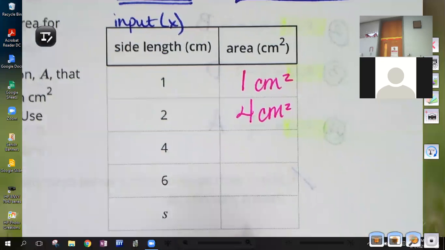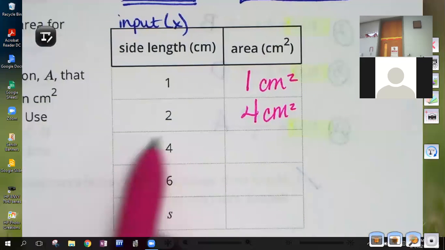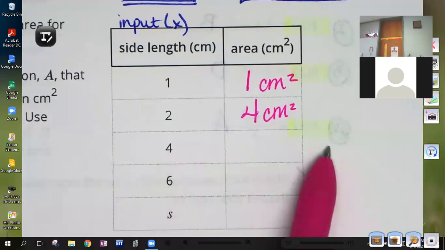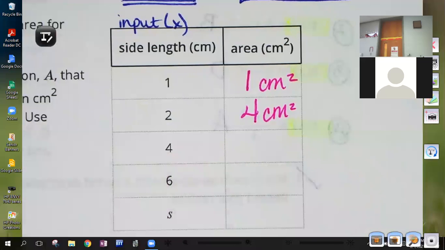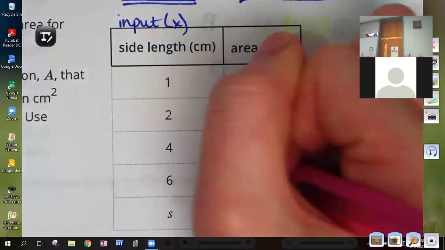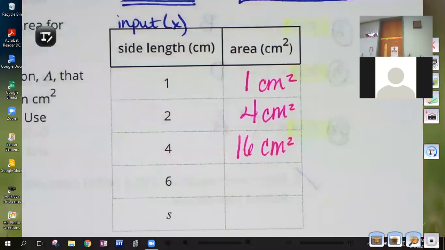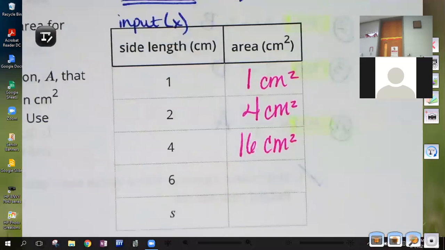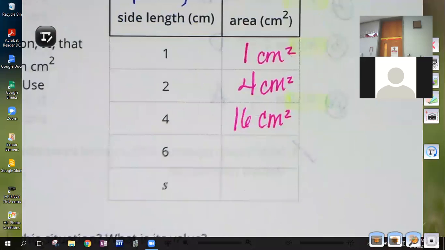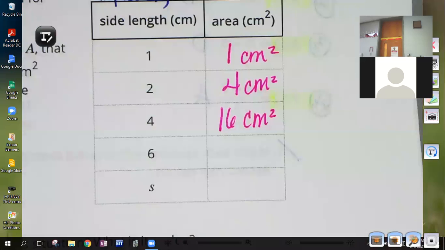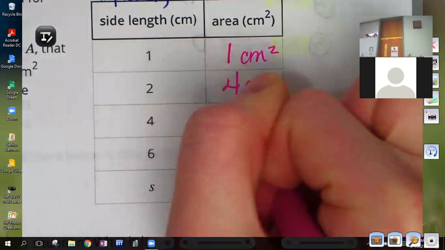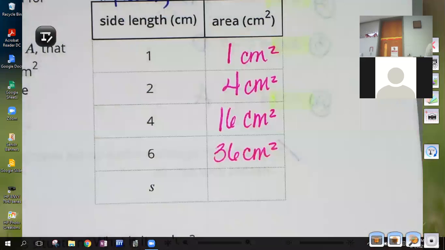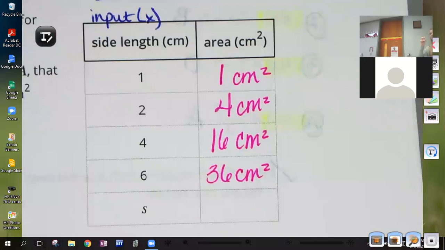Got it. Right. So now we have a side length of 4. How are we going to get the area? 4 times 4, which is 16. All right, now what if our side length is 6? We did 6 times 6, which is 36. Okay, now it wants us to get to that rule, or the equation that we would use if we had any side length.